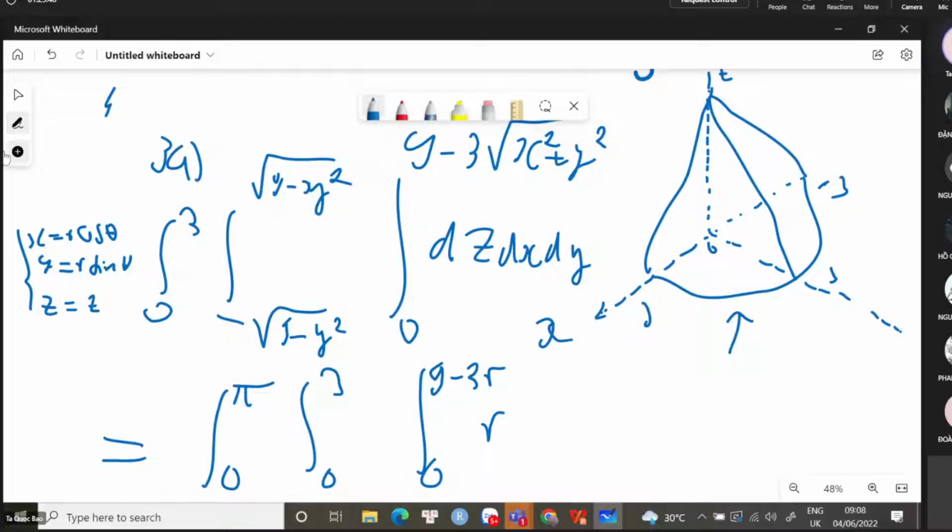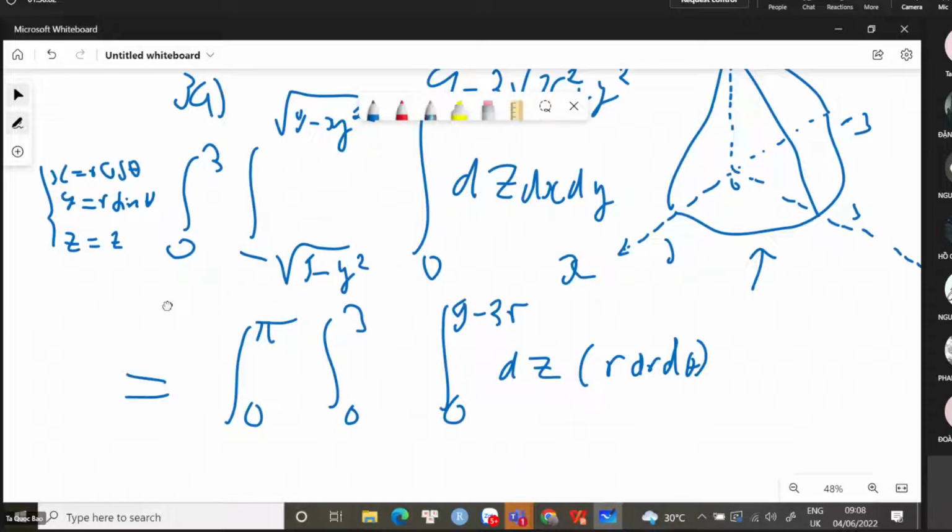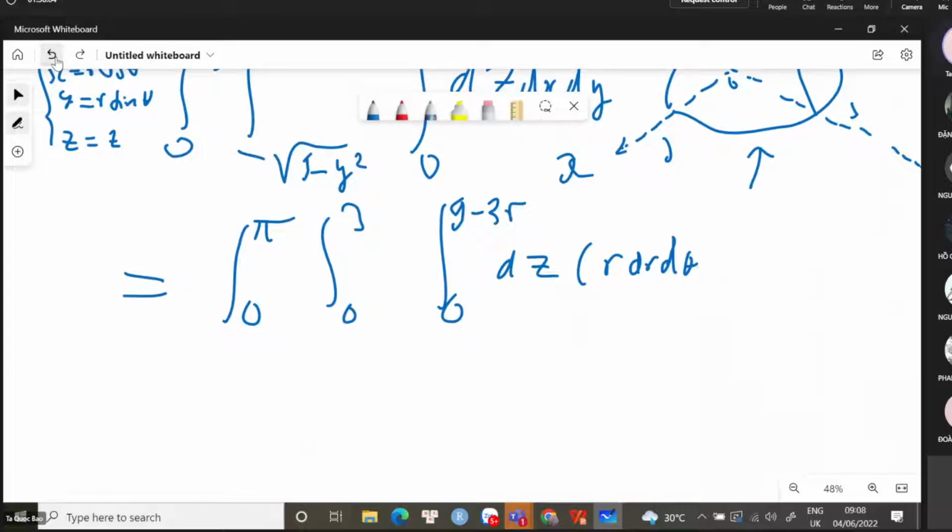Okay, I write here, maybe it's better. dz times r dr d theta, because the dx times dy now becomes r dr d theta, right? That is cylindrical coordinates.